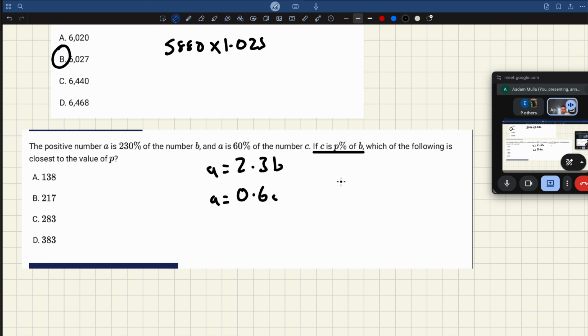We can equate these together, so we get 0.6C is equal to 2.3B. I'll let you have a think. What does it mean by if C is P% of B? What's the closest value to P?